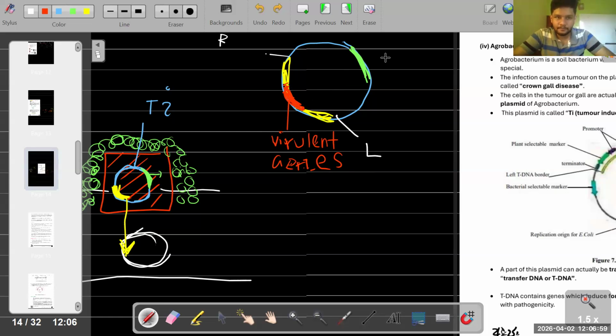Can you see? Actually, virulent genes are the ones that cause diseases. Transfer DNA does not do anything. But when we see it externally, we say that transfer DNA is the one that induces pathogenicity.